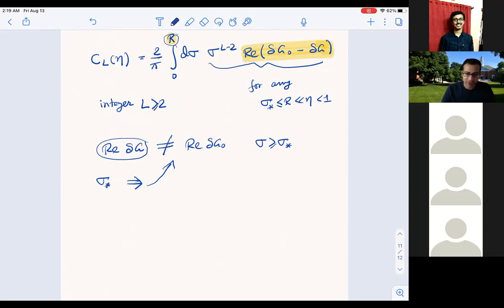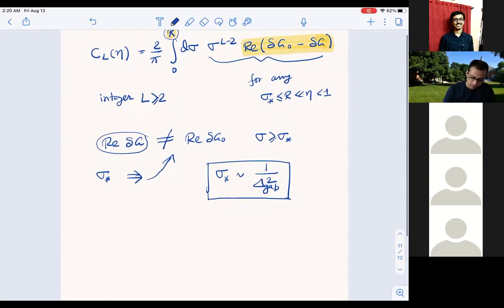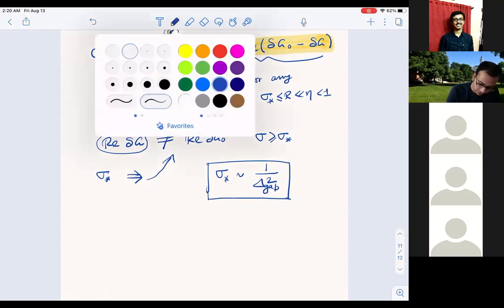Other than that, sigma star is a theory dependent cutoff scale, which we will not be able to fix, but we will show that it is something like 1 over delta gap square. So sigma star plays the role of the inverse delta gap. Any question, comment?